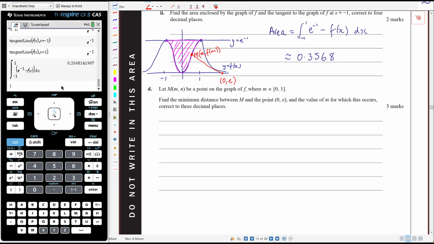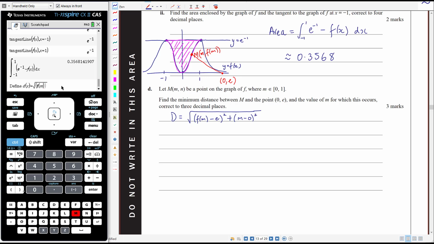Okay, so the distance, I'm going to call that d, is the square root of, by the distance formula, f of m minus e squared plus m minus 0 squared. So I'm going to define that function.